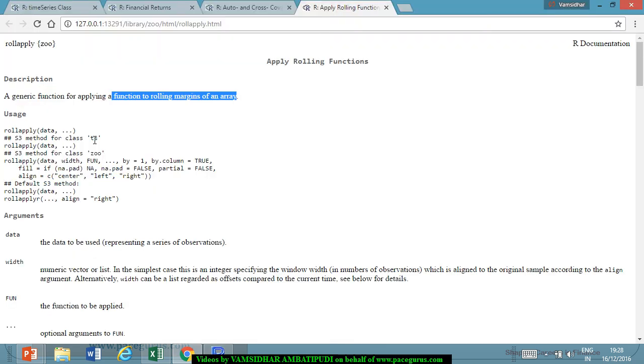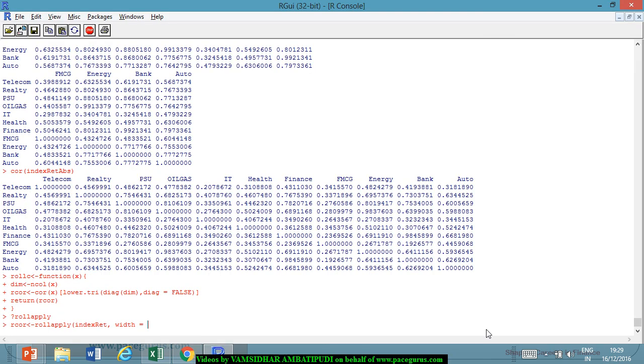Because here the width is the numeric vector or the list. This is an integer specifying the window width, number of observations. Because this is just a 10-year kind of data, 120. So let me roll it over with 30 or 40. So I'll say the width is around 40, and I'll use the roll C as the name of the function.